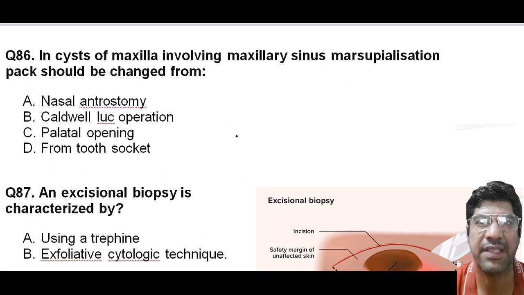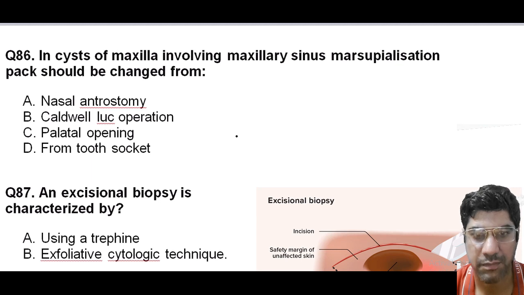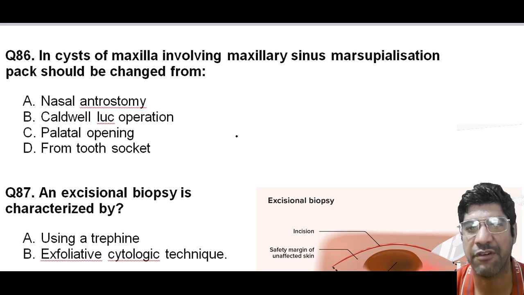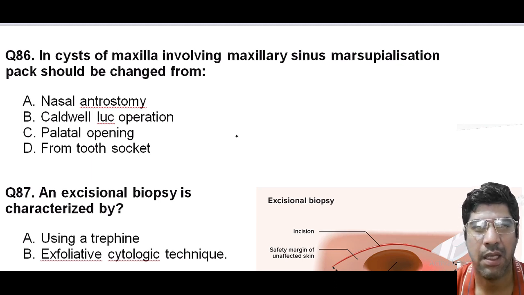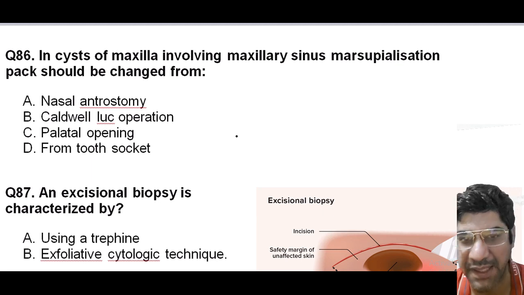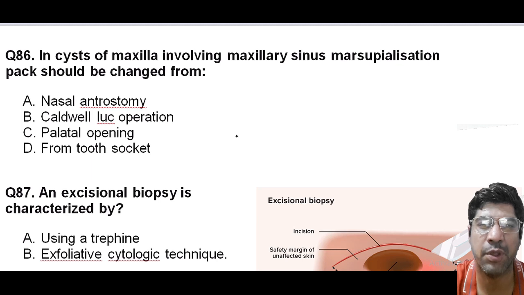In a cyst of the maxilla involving the maxillary sinus, the marsupialization pack should be changed through the nasal antrostomy.